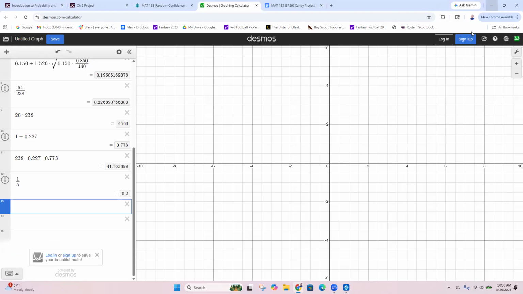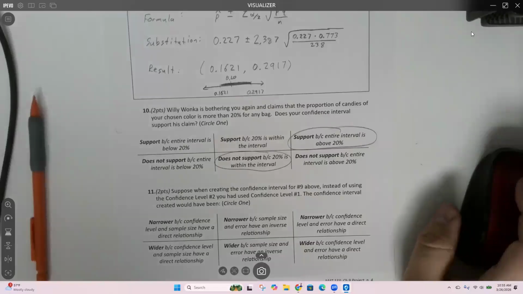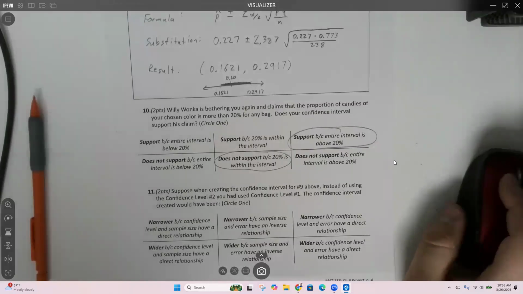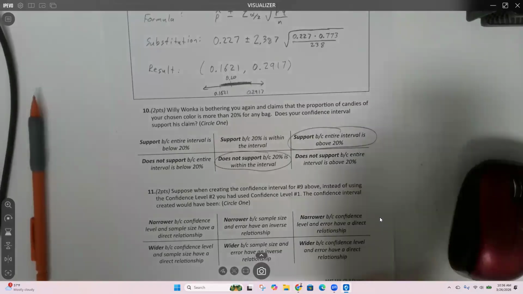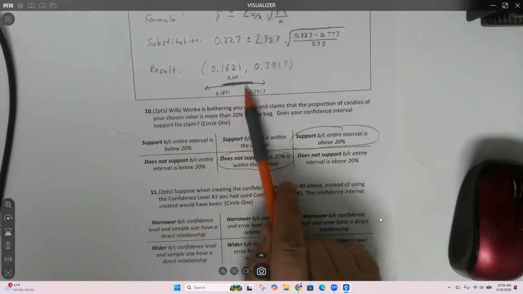Okay. So why is it that Montez and Rachel got confidence intervals where 20% is not in that range? Well, it's because we have a random sample. When you have a random sample, there's a chance that the true value is outside your interval.